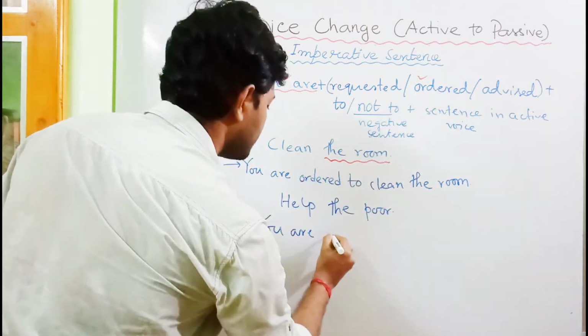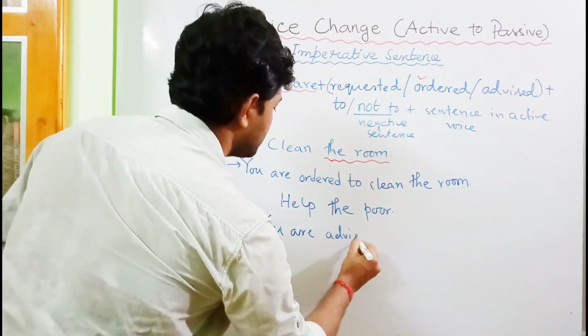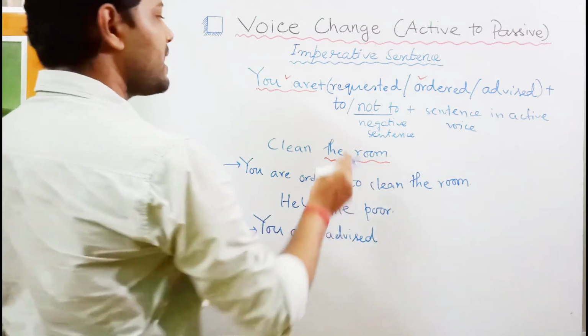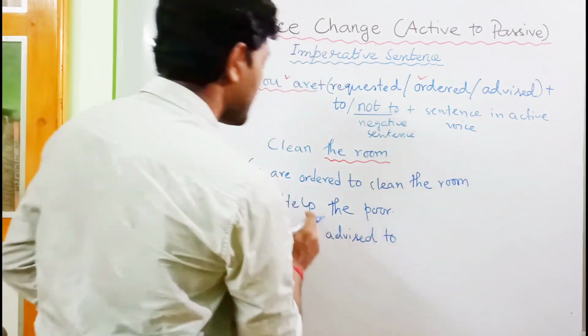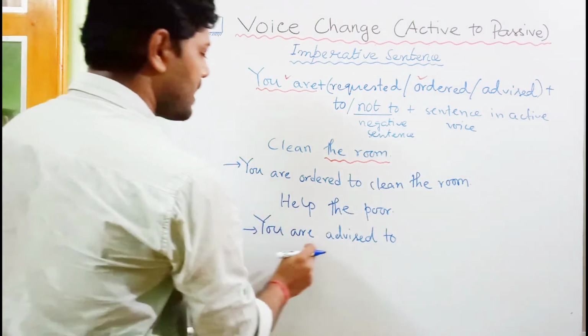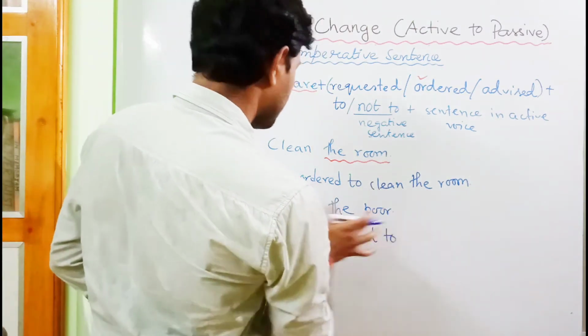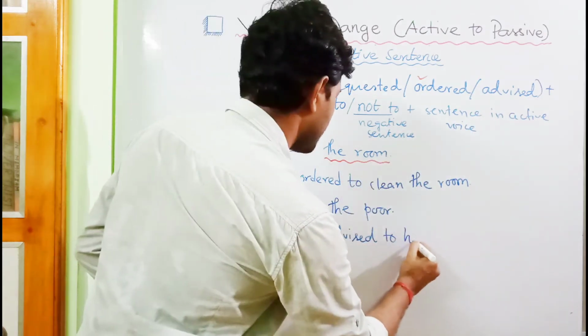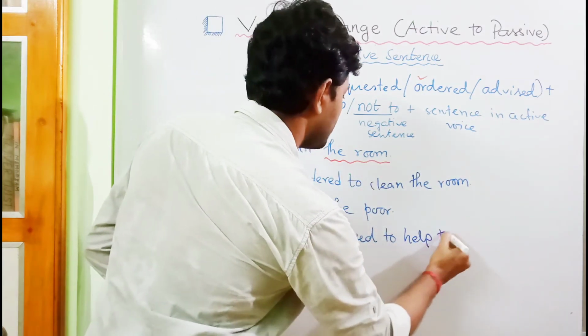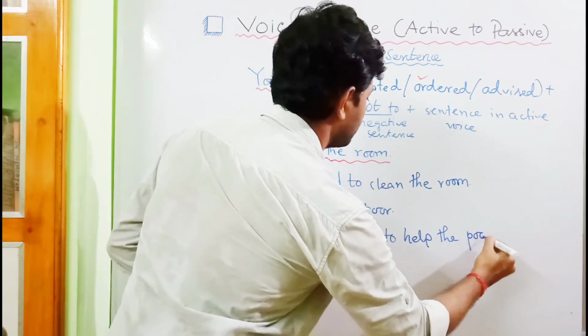After that the command, "advised." Then we have to write "to" or "not to." We shall write "to," as it is an affirmative sentence. You are advised to. Then we have to write the sentence in active voice, that means the full sentence. You are advised to help the poor.